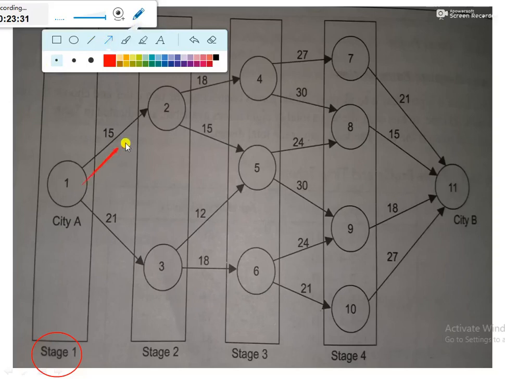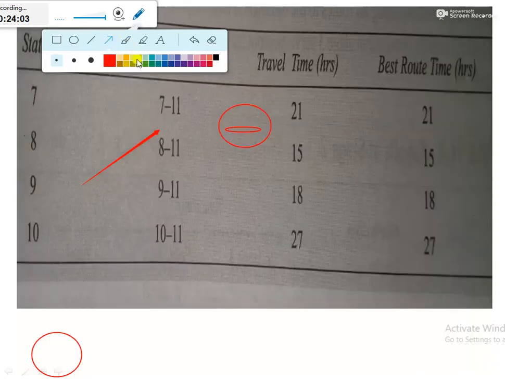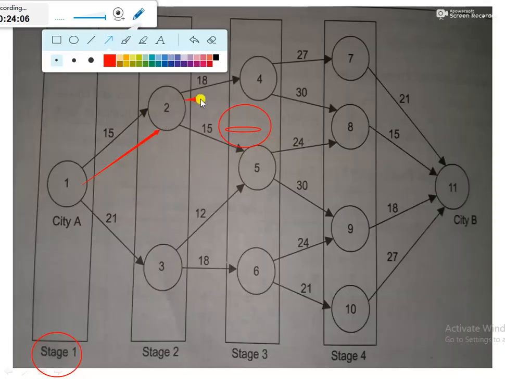After starting from 1 and reaching point 2, the decision maker has to change the mode of transportation at this point. After changing the mode of transportation, the decision maker can go on this route, that is from 2 to 4.